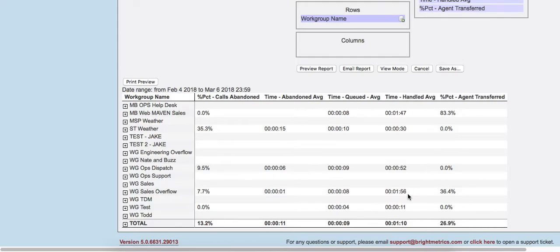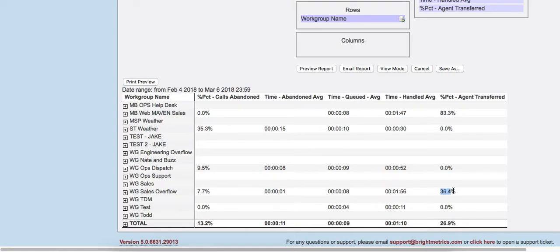Or maybe calls are coming in here that are flowed into this group the wrong way, and we need to be sending them somewhere else. This is really interesting to look at, because if this was flipped, where maybe my handle time was really high, like 10 minutes, and my percentage of calls that agents are transferring is low, like 5%, now I know that those calls are coming in, agents aren't transferring them out for whatever reason, they're actually taking care of those calls.